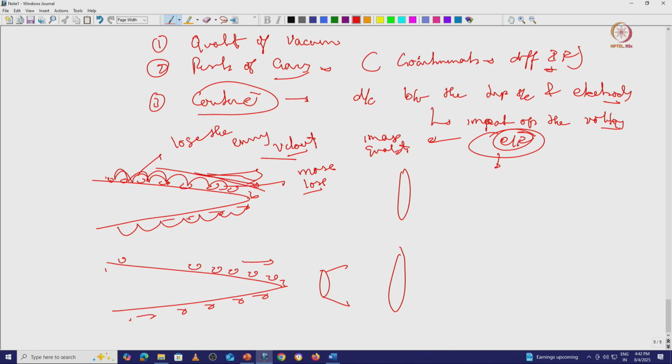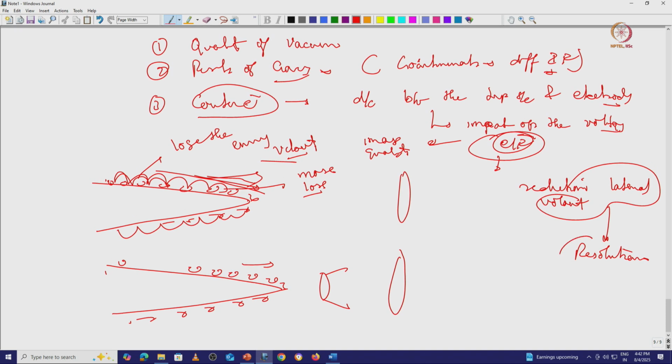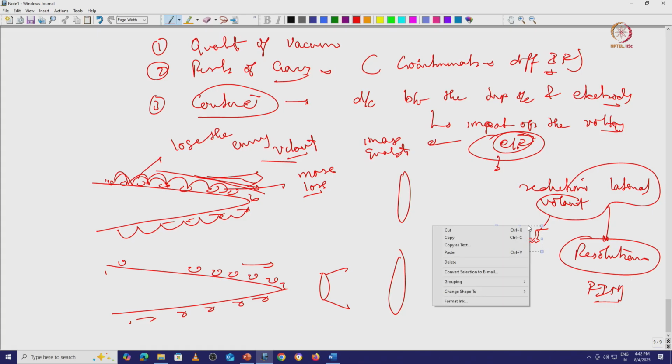So there will be a reduction in lateral velocity. Remember this lateral velocity term as we described in relation to the resolution. This is one of the three factors responsible for the image resolution or the spot size, correct? Lateral velocity. So the higher the spread in the lateral velocity, the lower will be the resolution.